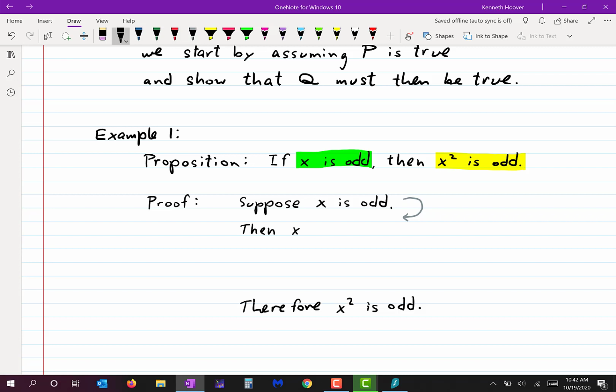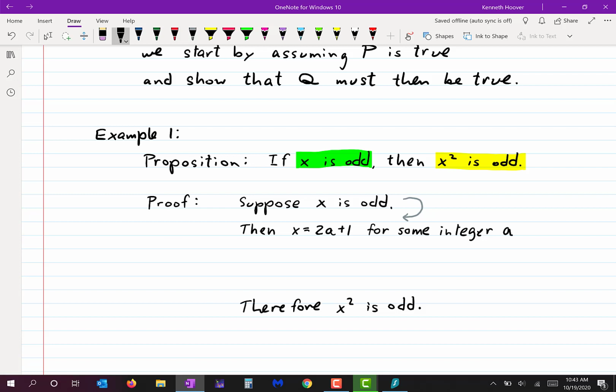Then x equals 2a plus 1 for some integer a. And why?